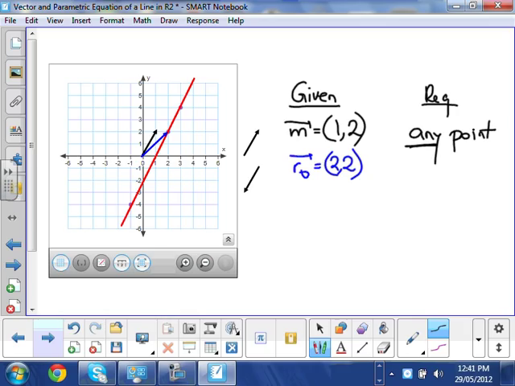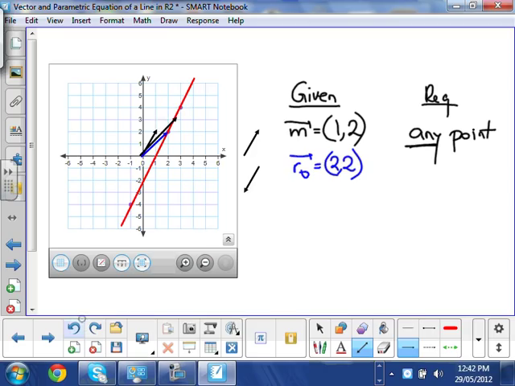So I want you to be able to give me a position vector for any point on the line. So I want to generate this point and that point and that point and this one and so on and so forth. All of those are points on the line and position vectors to them. Good. So we know what we want to do.